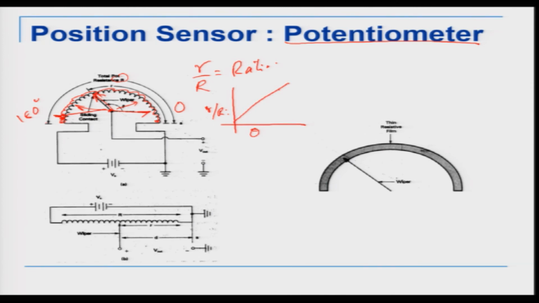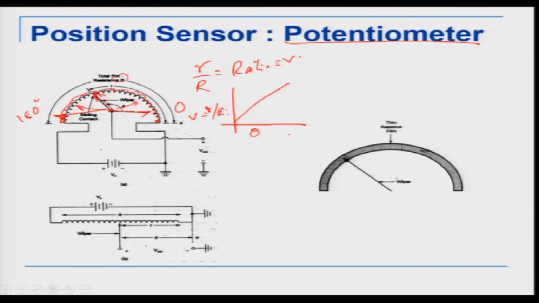So, we can first calibrate it, take it to one end, look at the voltage, okay, and then take it to the other end, look at the voltage. So, what you are going to get is essentially a voltage here, right. So, this ratio is actually a voltage. Now, after doing the calibration, we get our calibration chart, and this calibration chart can be used to get any unknown location for theta.